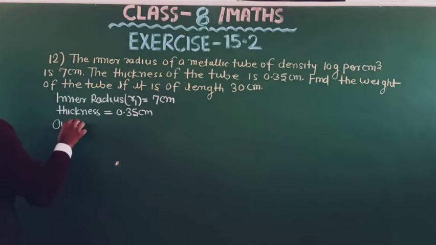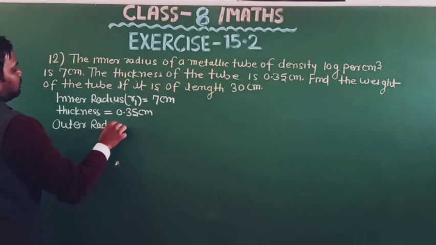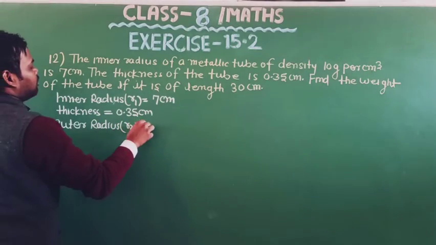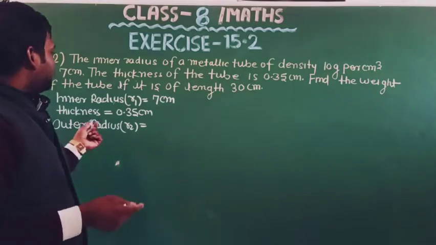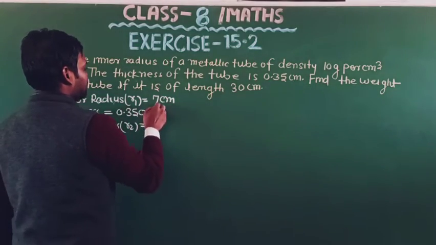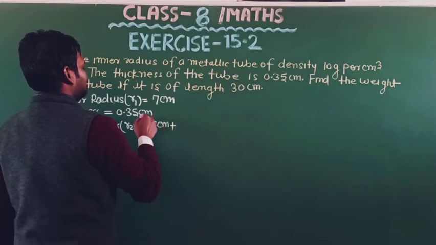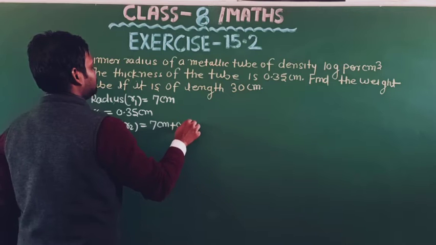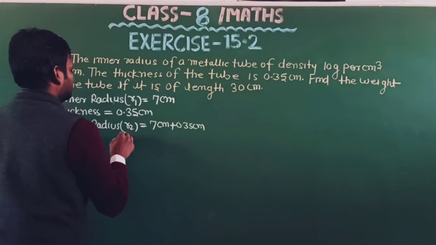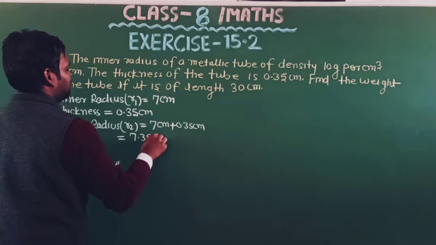So the outer radius of the tube, R2, is equal to the radius of the inner cylinder plus thickness. Here 7 centimeter plus thickness 0.35 centimeter is equal to 7.35 centimeter.